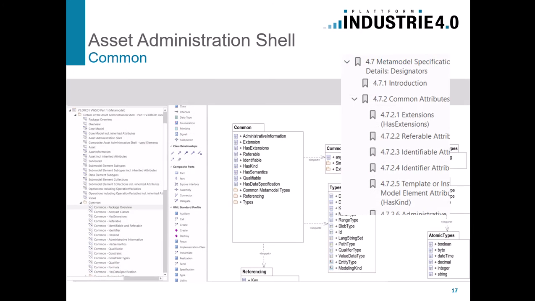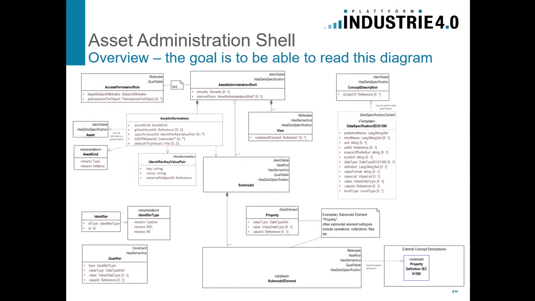So this is just the overview, and I will get into the details now step by step. To do so, we have to go through the classes that are inherited by many of the classes. If we go back, you see that the asset administration shell inherits from abstract classes, and all these inherited classes are abstract. The asset administration shell inherits from the abstract class Identifiable and from the abstract class HasDataSpecification.